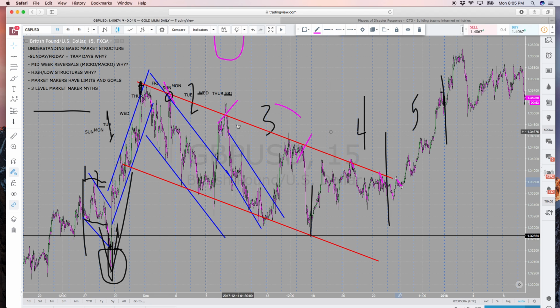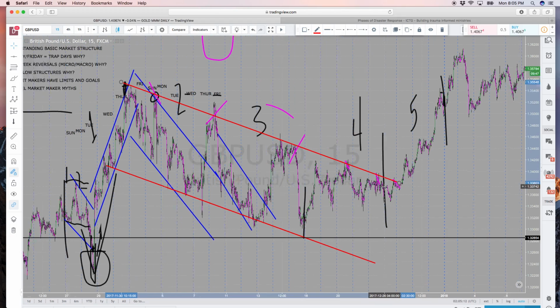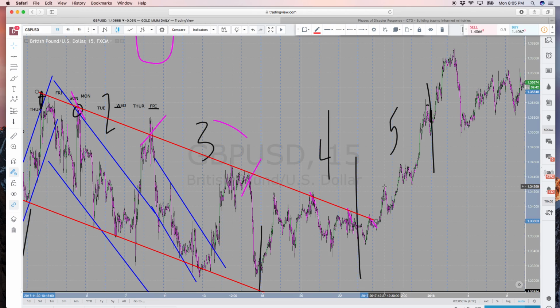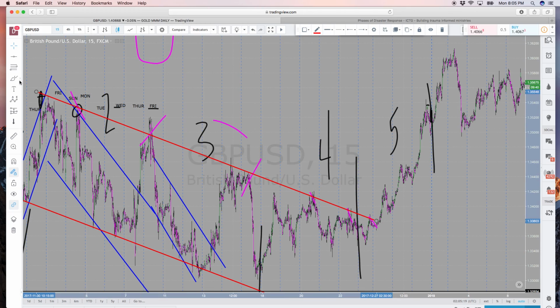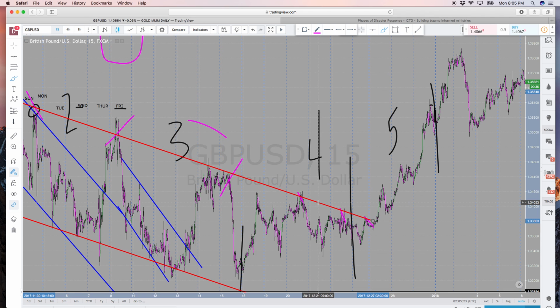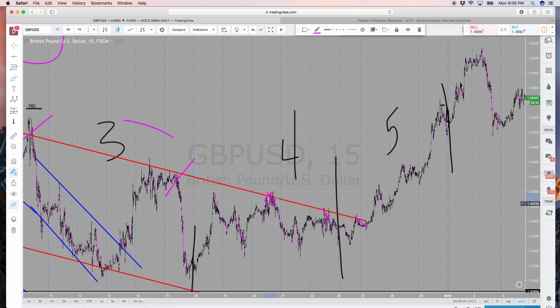This trend was becoming so obvious to retail traders that they just had to jump on. They were FOMOing like crazy. They had a fear of missing out. Why is that? And where for the most part is that? Now it's really obvious. Right in here, right in here, and right in here.